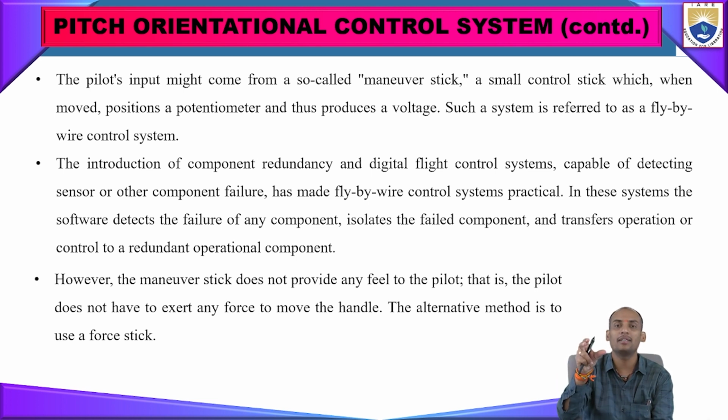The door stopper stops the door movement at the extreme level, so that we feel that motion: up to here only the door will open, and after that it won't move. That type of thing we call a feedback system. It is giving a message to us.